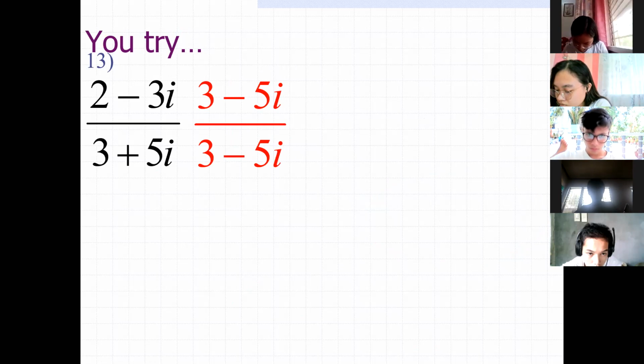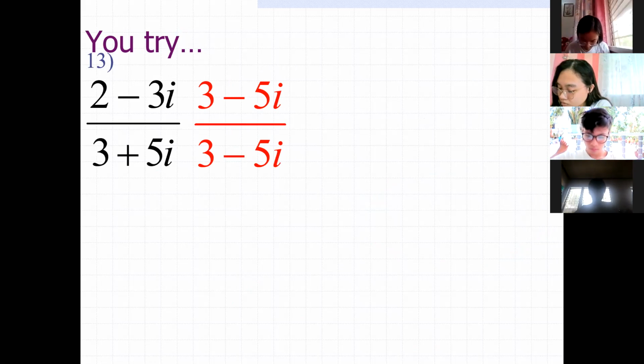You have now the complex conjugate. It's your job to simplify the numerator by FOIL method and the denominator by FOIL method. And then if you do have an answer, chat it in the chat box.